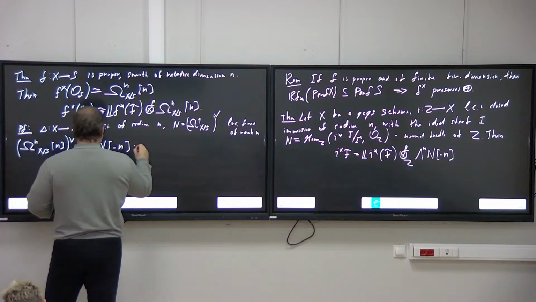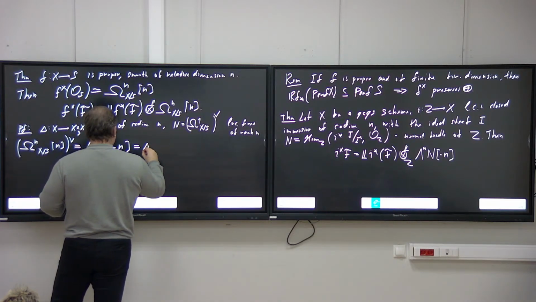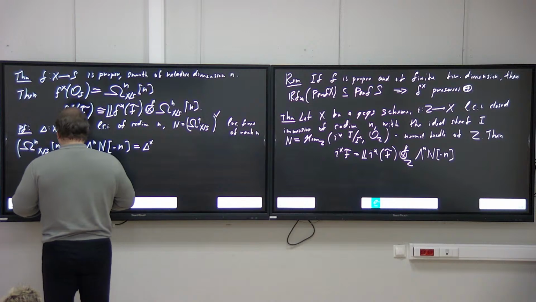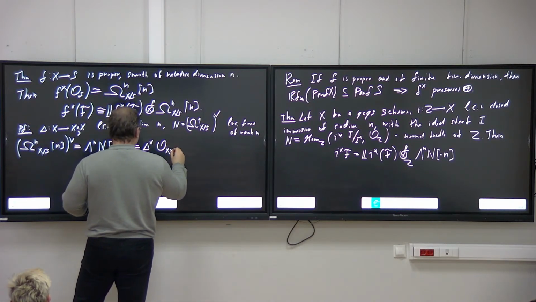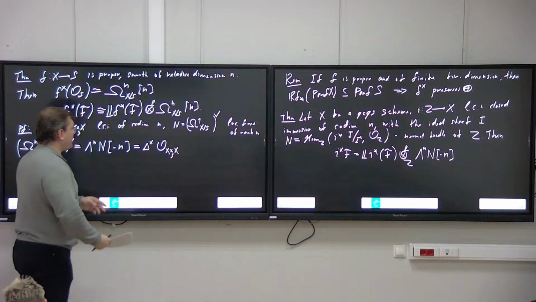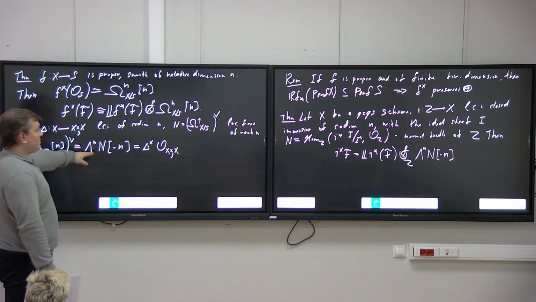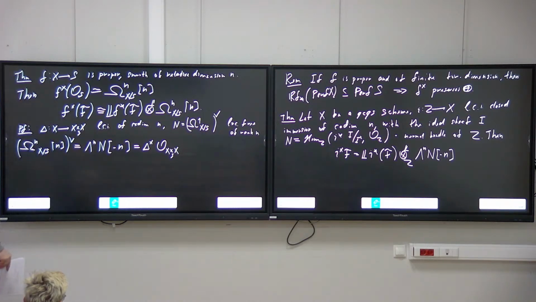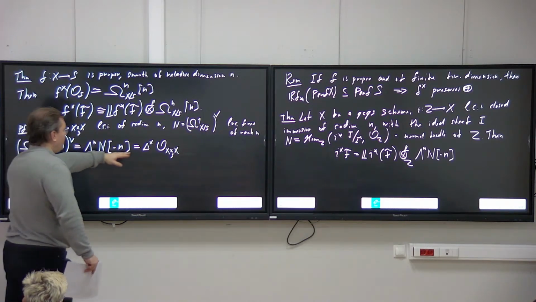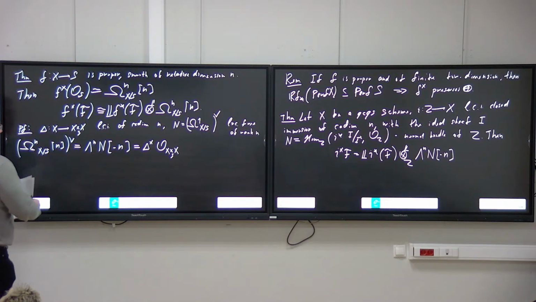If you look at the previous computation, this is what you get. For the closed LCI embedding, you have this identity for the functor f with the cross.